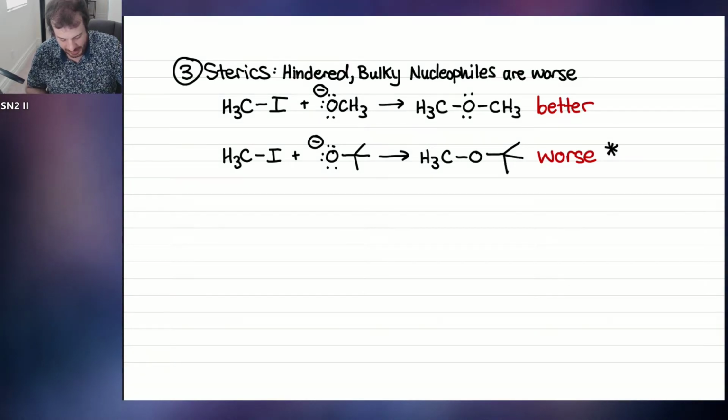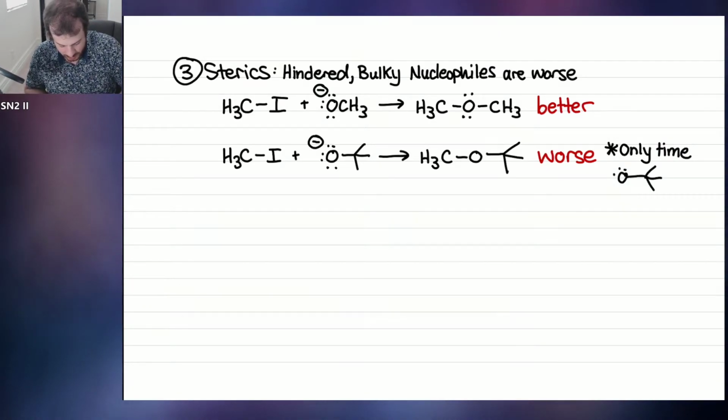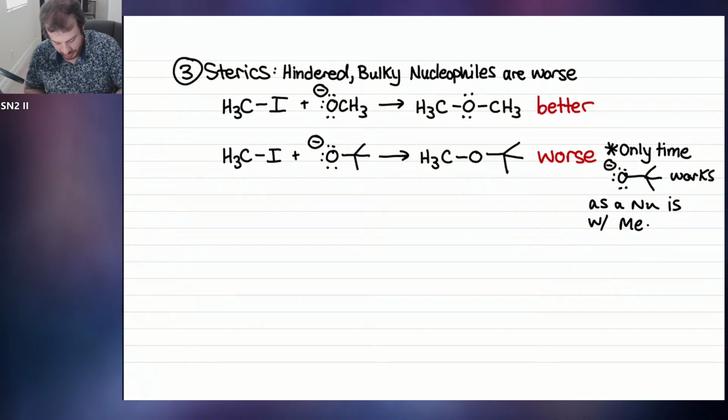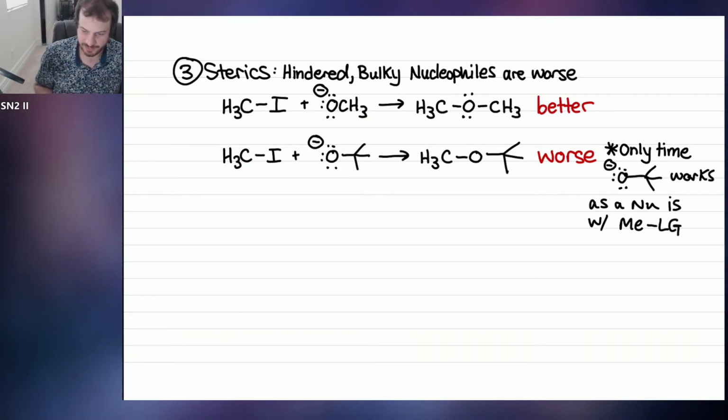So I'll even put a little asterisk here. Only time tert butoxide works as a nucleophile is with methyl leaving group, the very best case of electrophile.